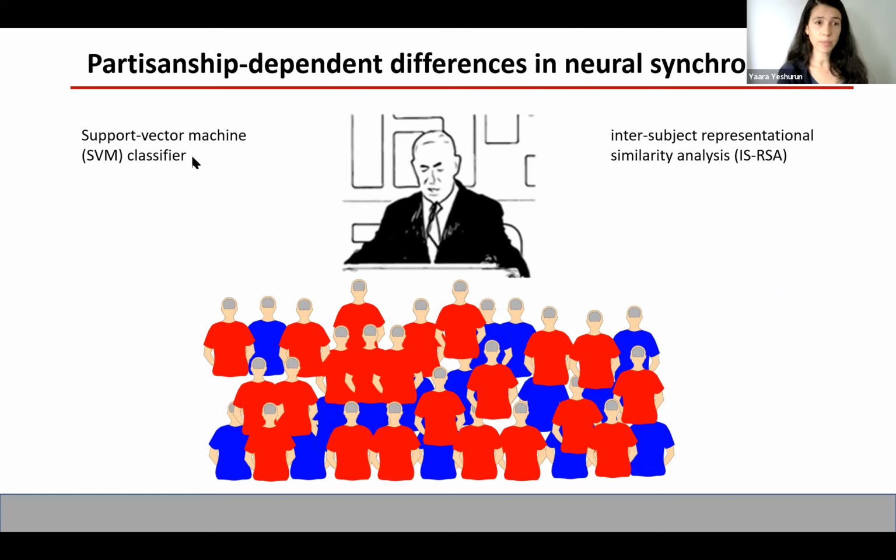One was a support vector machine (SVM) classifier on the intersubject correlation value. And the other was a relatively new method called intersubject representational similarity analysis, ISRSA. Again, to test whether the more people agreed with each other, the more synchronized their brain response was.